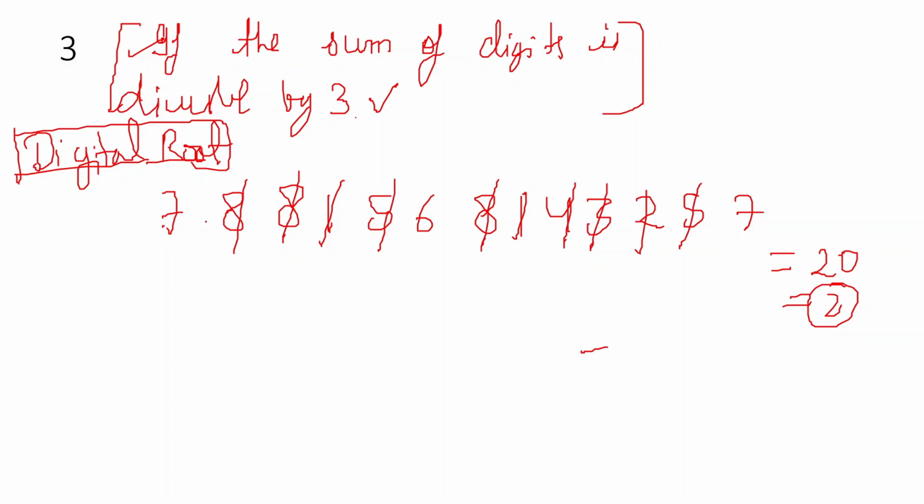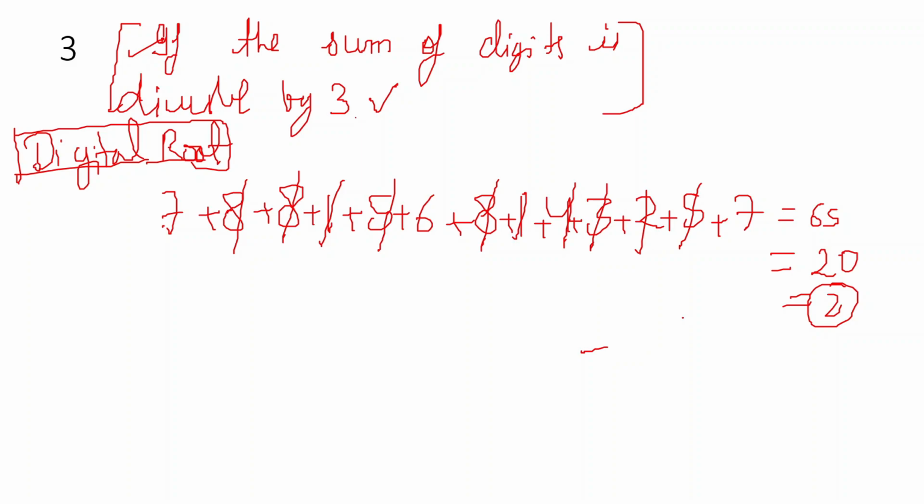If we use the basic method that is written in the book, we can add these numbers: 7 8 15, 15 8 23, 23 1 24, 24 5 29, 29 6 35, 35 8 43, 43 1 44, 48, 51, 53, 58, and 65. 65 is not divisible by 3, that's why this number is not divisible by 3.